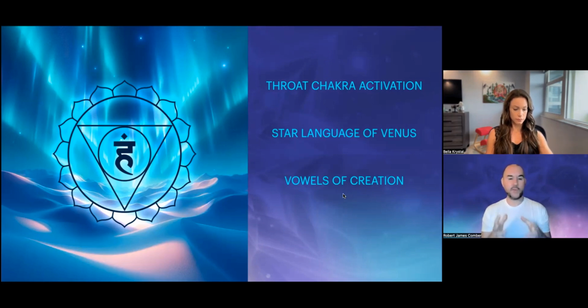Because the vowels are the powerhouse, right? So the mitochondrial DNA is the energy, it's the Shakti, it's the powerhouse of the cell. And so the vowels are exactly the same. They replicate that. They are the thing that animates. They are the thing that creates, that births into being.